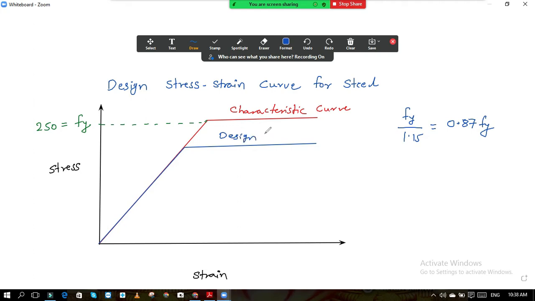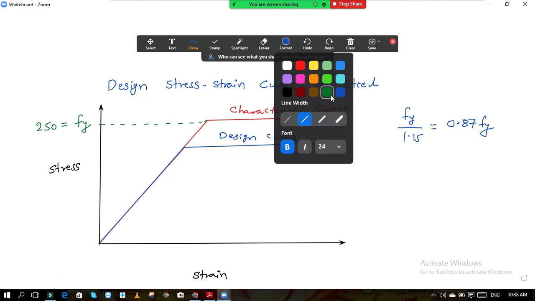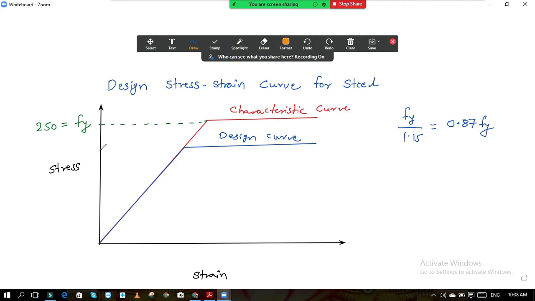And now if you plot these points on the stress axis, it is 0.87 Fy. So now you may connect it with the limit state method.